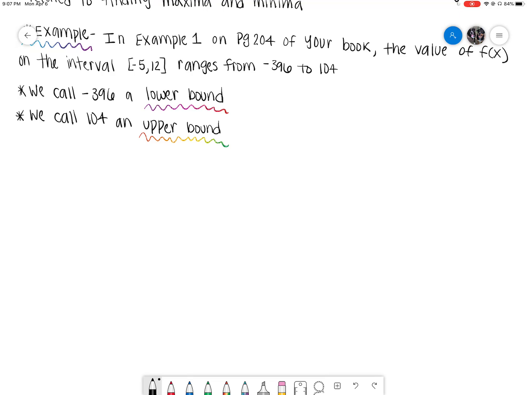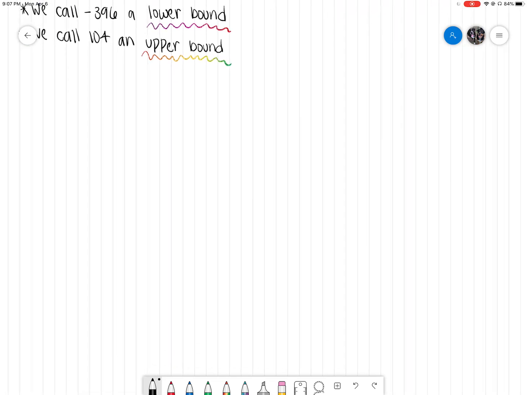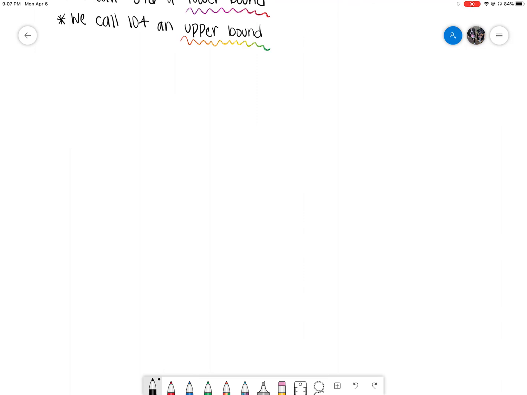So now we will do one last example where we actually find some bounds.